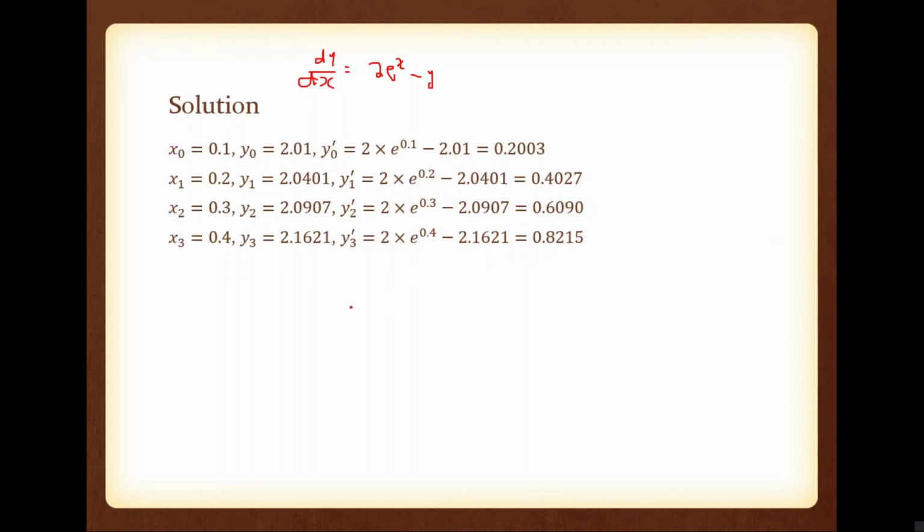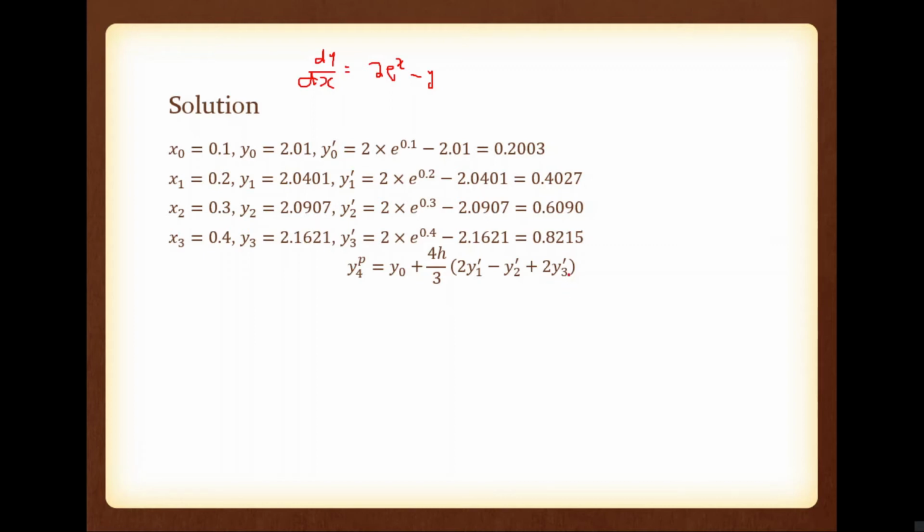Now, using these data, we are going to predict the value of y4. y4 means y of 0.5, because x3 is equal to 0.4, so x4 is equal to 0.5, and we are asked to find y of 0.5. So we label the predicted value y4p, which is equal to y0 plus 4h by 3 into 2y1 dash minus y2 dash plus 2y3 dash.